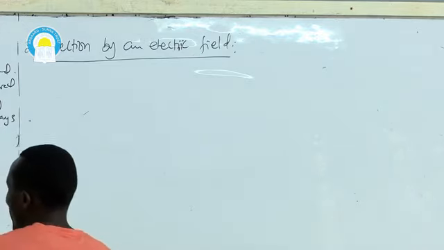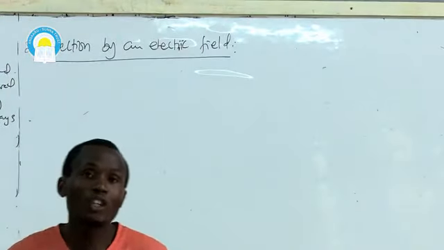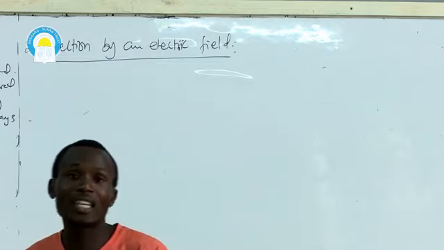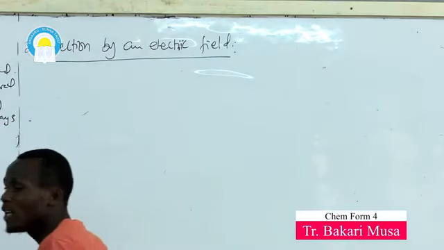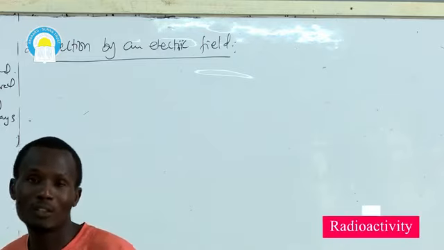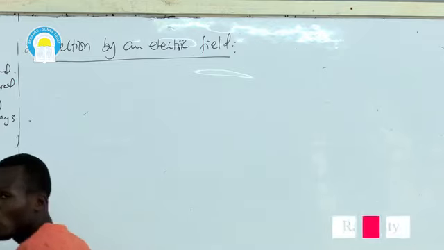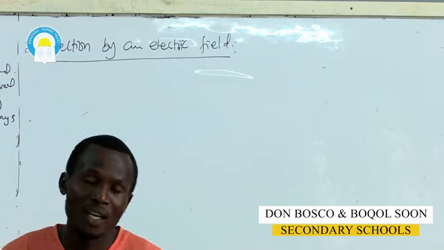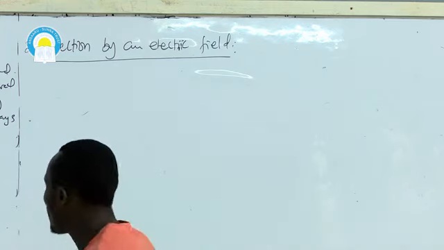Therefore, you are going to find that an alpha particle, which is positively charged, is going to be attracted towards the negative charge of an electric field, while a beta particle, which is negatively charged, is going to be deflected towards the positive side of an electric field. And we have the gamma rays, which have no charge. That one will not be deflected to either side of an electric field. Therefore, it will travel straight.